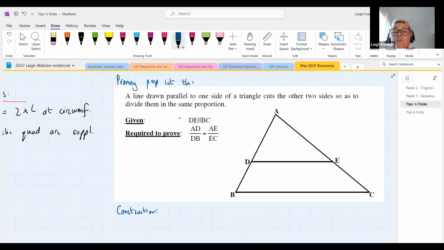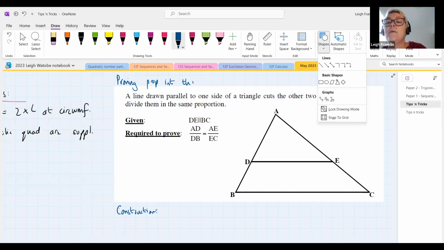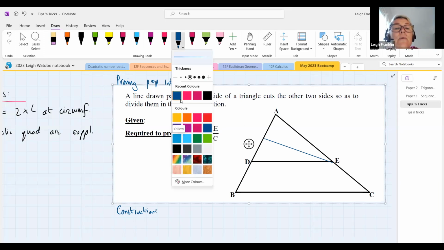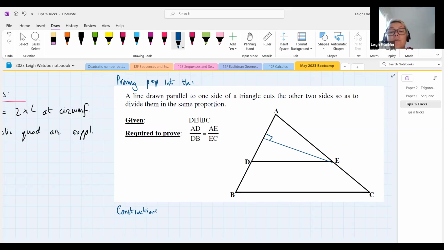In other words, you would draw a line from E, like so. Construction.